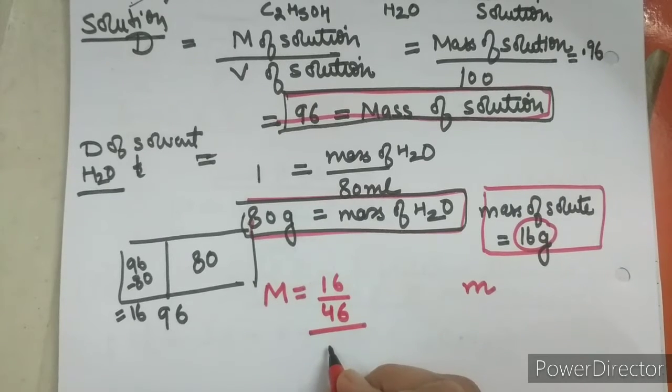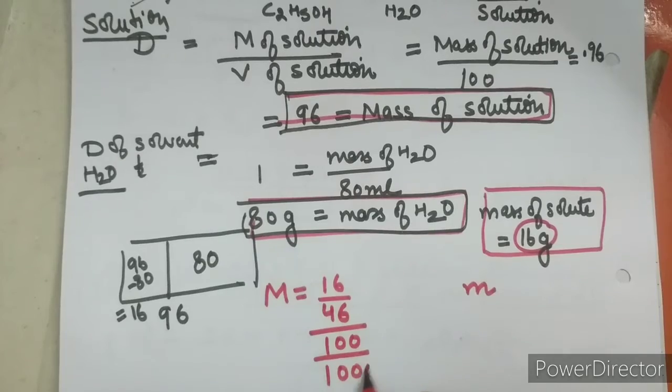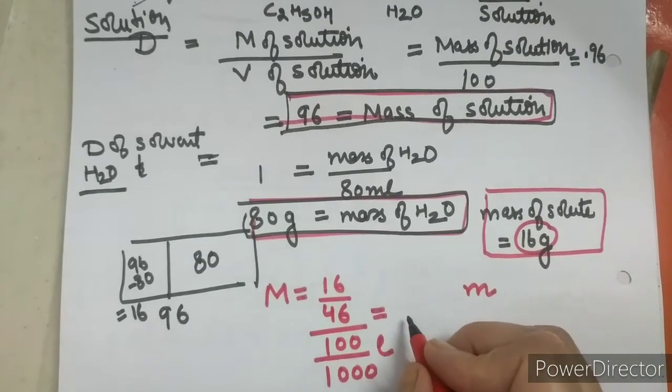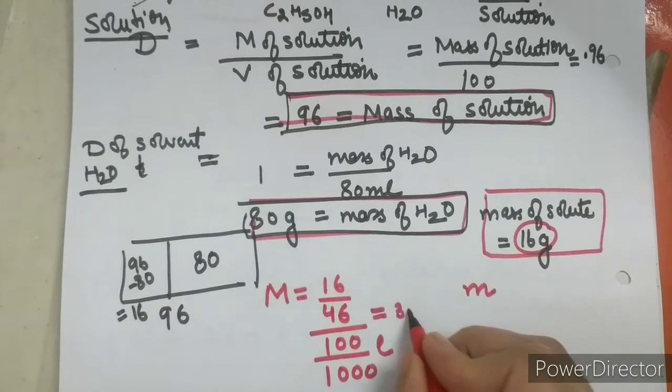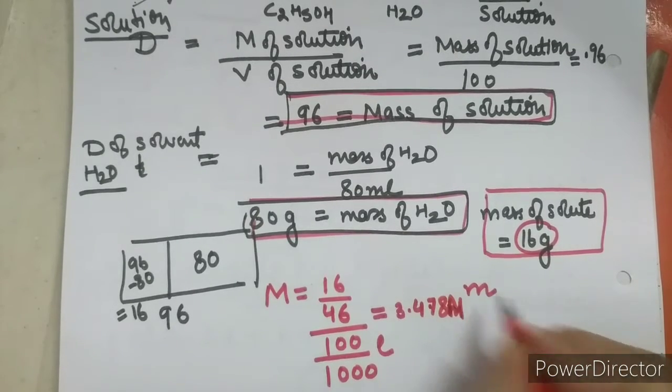We earlier found that the volume of solution is 100 ml, so 100 divided by 1000, because we have to take this in liters. When we solve for molarity, it comes out to be 3.478 capital M.